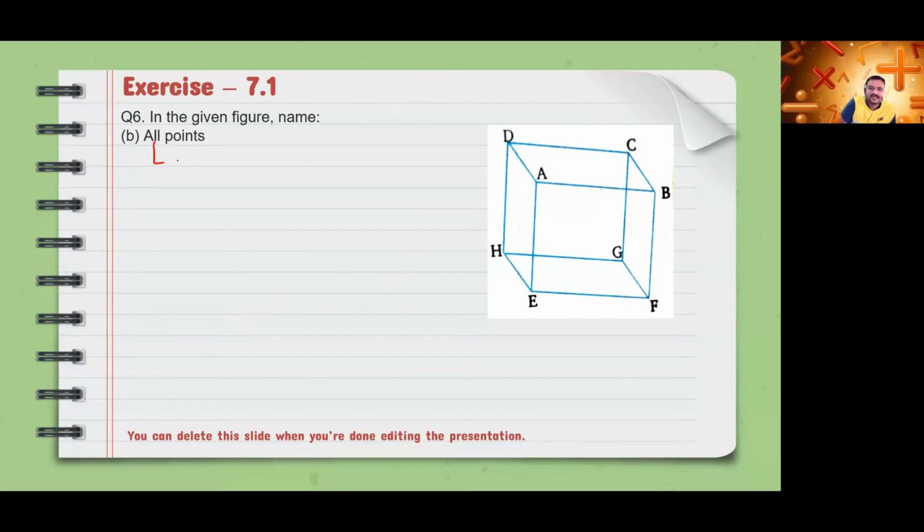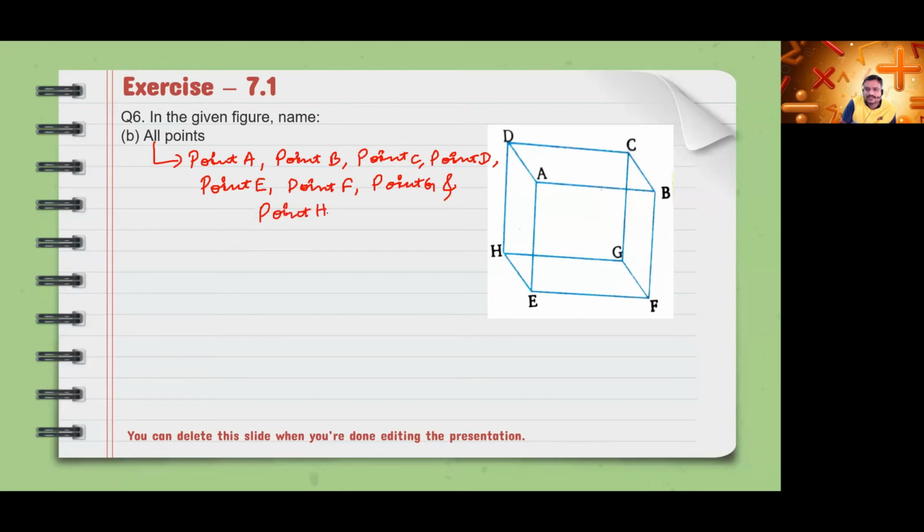There are 8 points and we will write the name of each point: point A, point B, point C, point D, point E, point F, point G, and point H. So these are the 8 points. Okay.